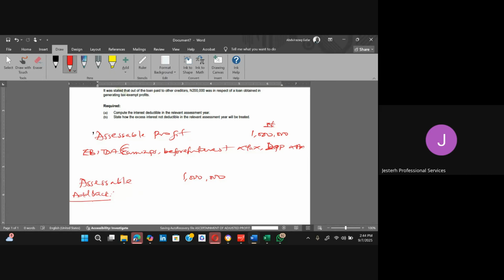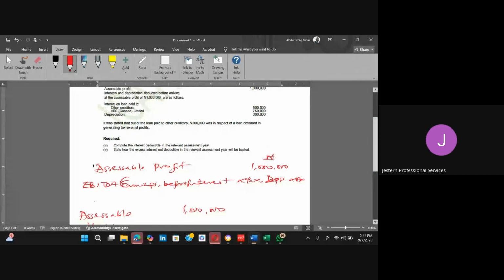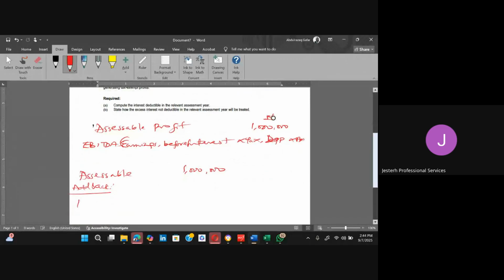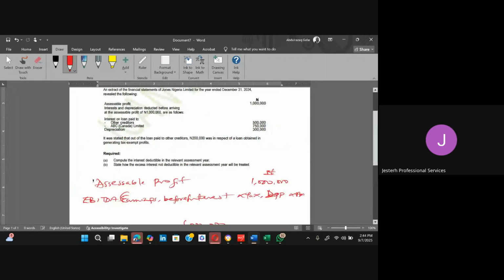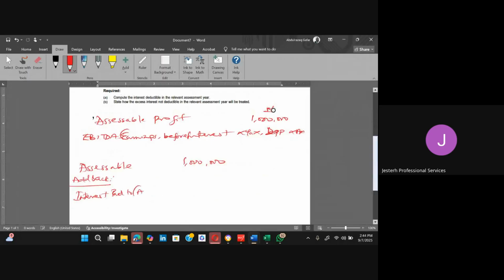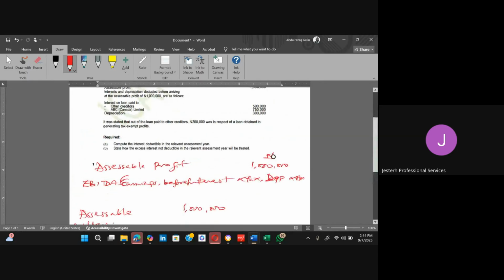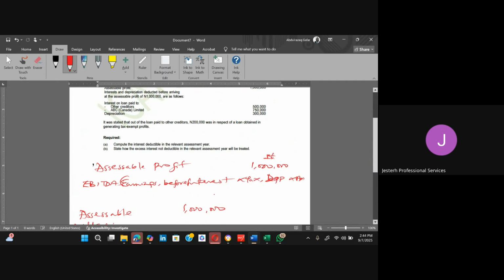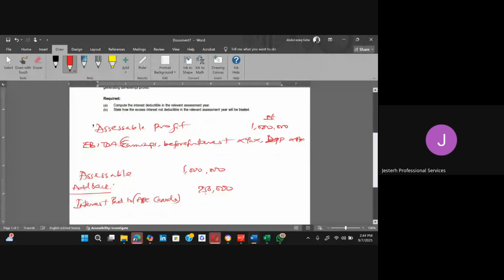What do we add back? We add back the interest paid to ABC Canada Limited, which is how much? 750,000. Then we also have depreciation.